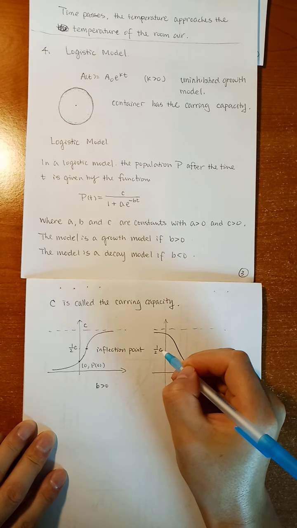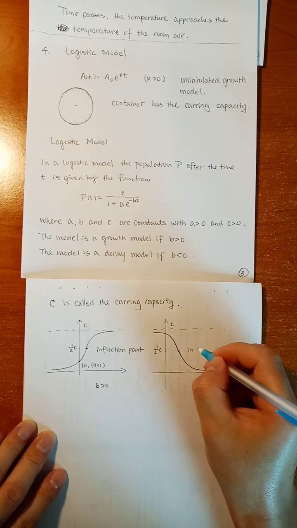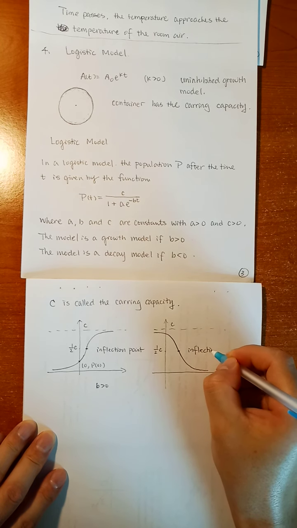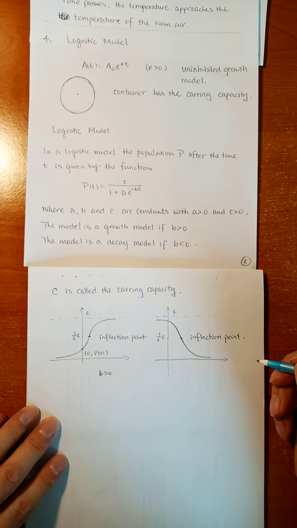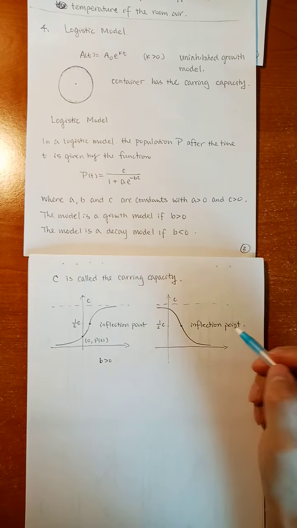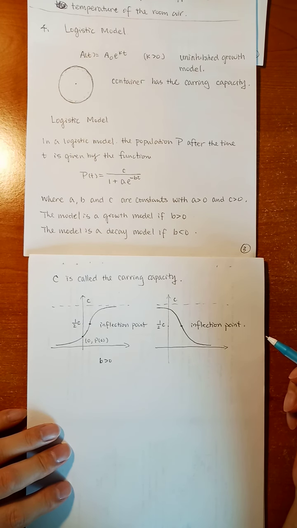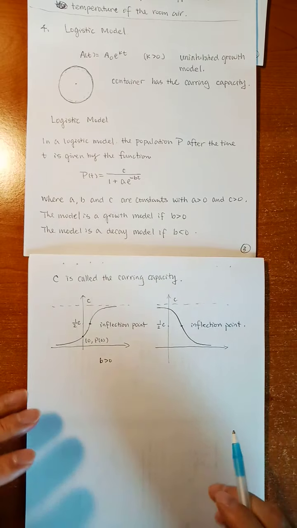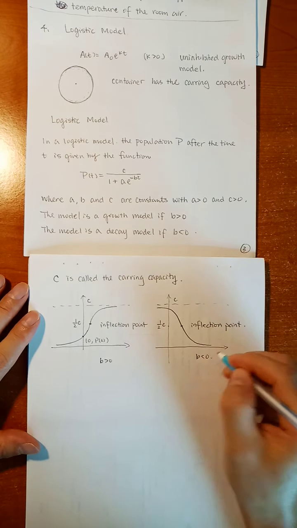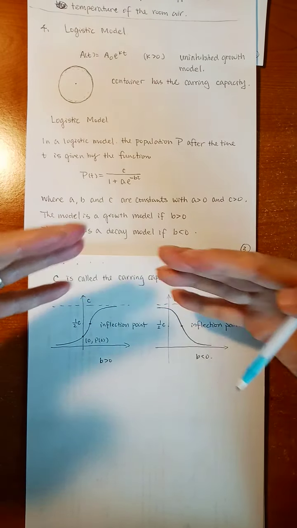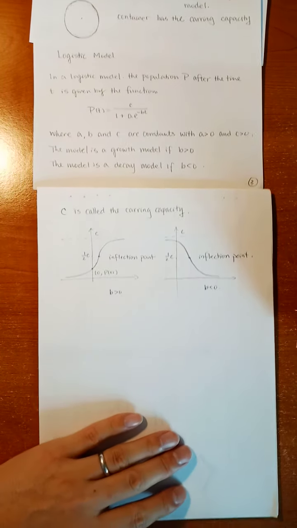This is C, and the point at a height of half of C is also called the inflection point. This is a logistic model. When B is negative, it's decreasing. For both cases, the graph cannot exceed C, the horizontal line at C.